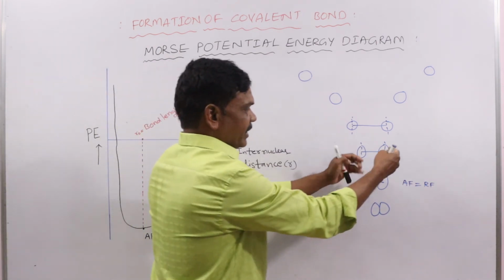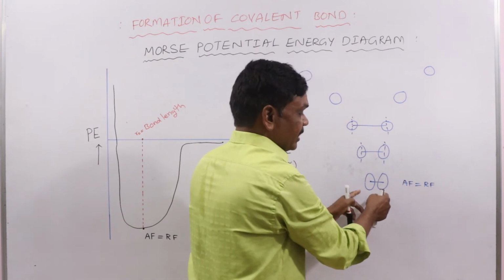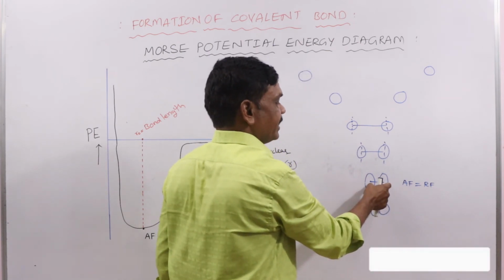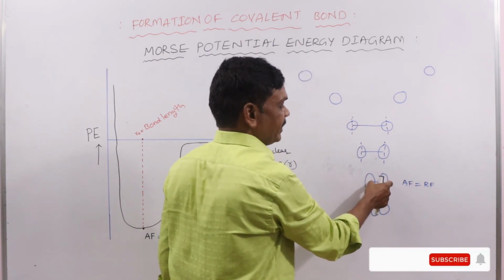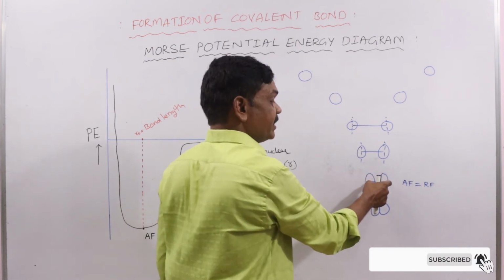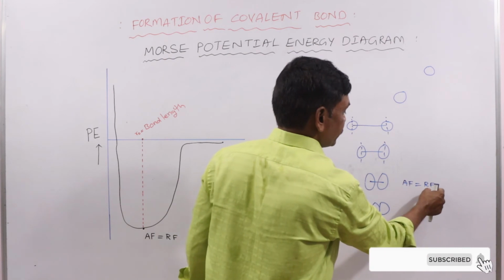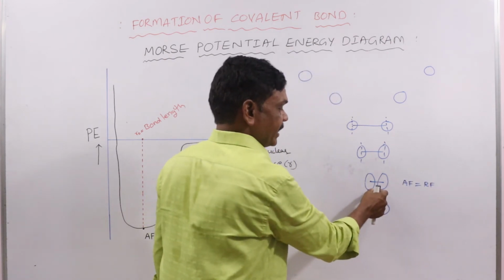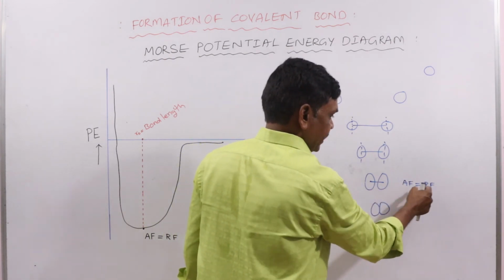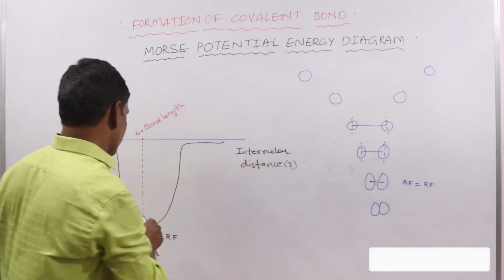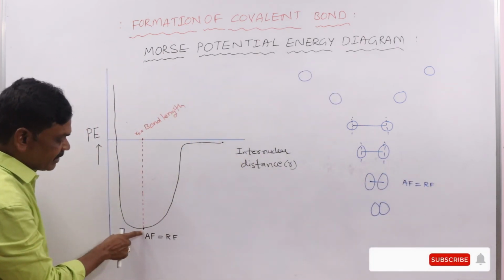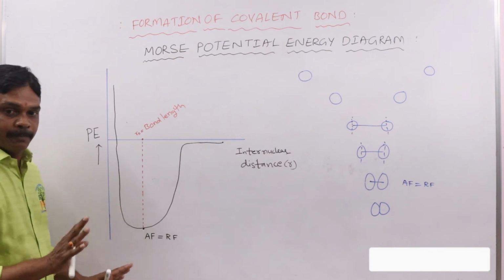Once attraction starts between the two atoms, a bond is formed. Here the attraction force is equal to the repulsion force, so the potential energy of the system is minimum.